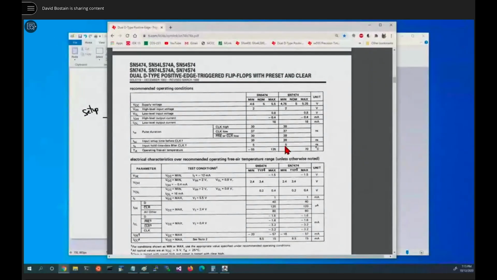So those are important numbers that we need to know and need to be aware of when we're dealing with a flip-flop. So these times we need to think about, and we would put them in our planning. So we know the entire period of the clock high and clock low has to be at least 67 nanoseconds.